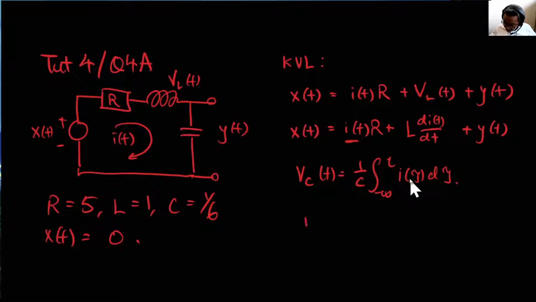We have another equation. The current across the capacitor is C dv_C(t)/dt. It is the differentiation of the voltage across time that gives us the current flowing across this capacitor.